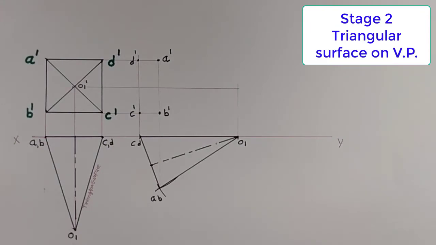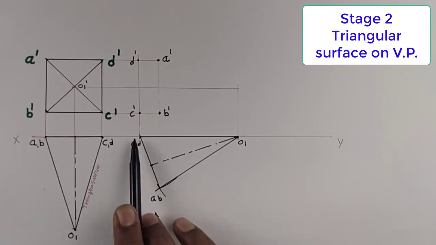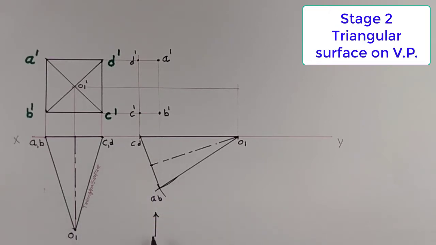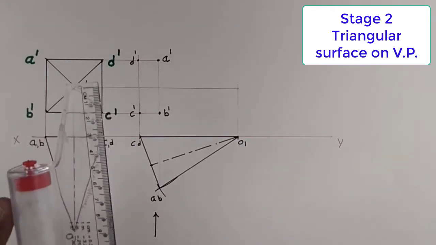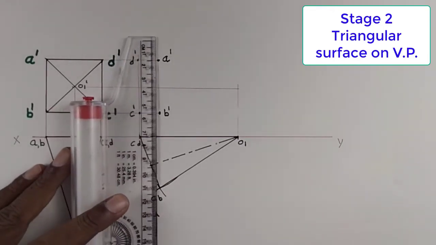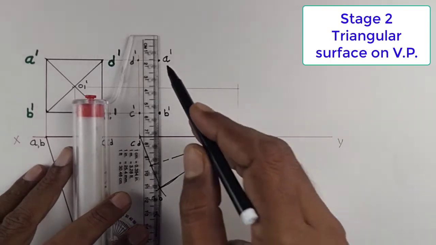Now friends, the observer here is looking at the elevation from the HP plane. So the base of the pyramid is nearer to the observer. So it is fully visible. So what I do? I join all the edges of the base with a dark line.